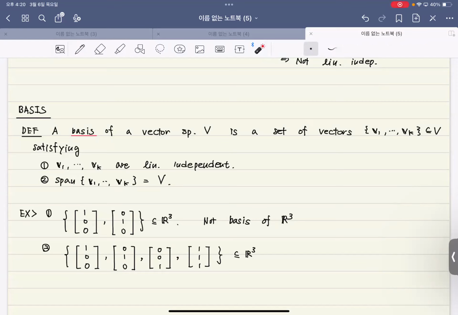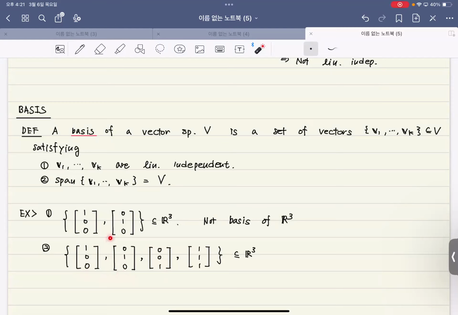Because in this case, the span of these 4 vectors is going to be the original vector space R3, but they are not linearly independent. Why? Because a linear combination of the first, second, and third is going to be the last one. So they are not linearly independent. But if I remove one of these vectors, then maybe they are linearly independent, and therefore they can be basis vectors. Which one should I remove? Maybe if I remove this, are they a basis? Yes.